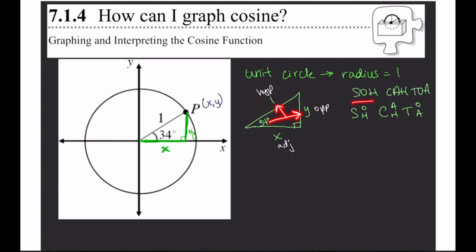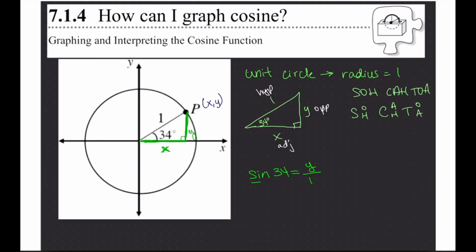Which one of these has to do with opposite and hypotenuse? The sine, right? So the sine of what angle? 34 equals opposite y over hypotenuse 1. Right?